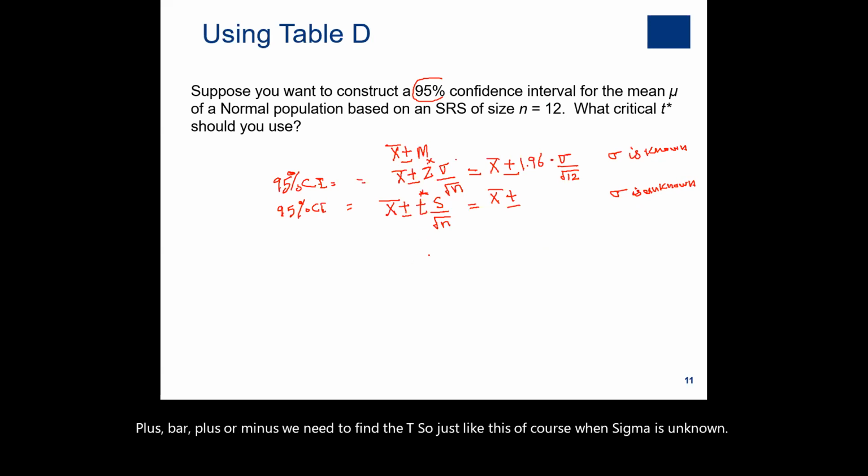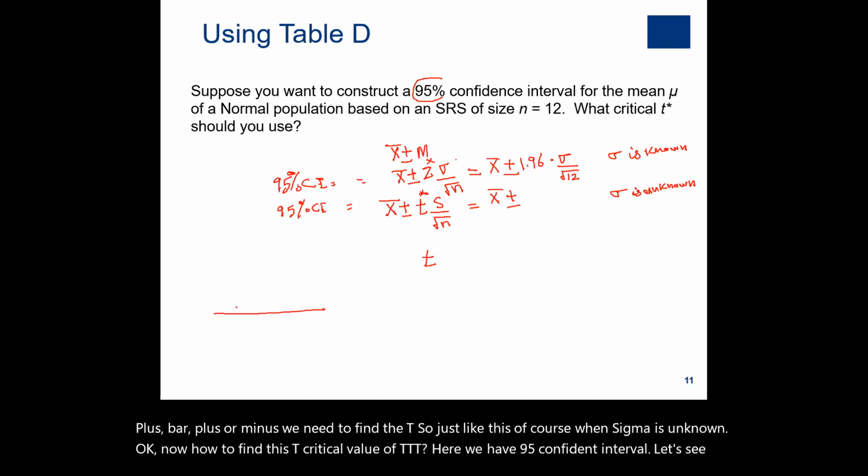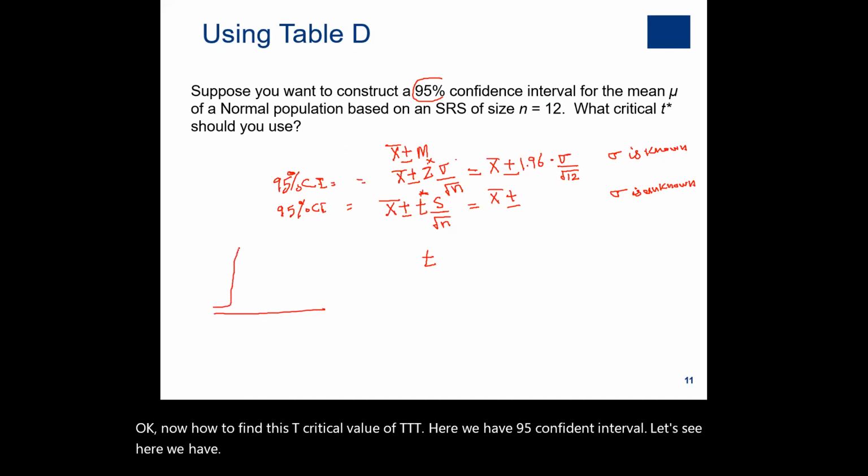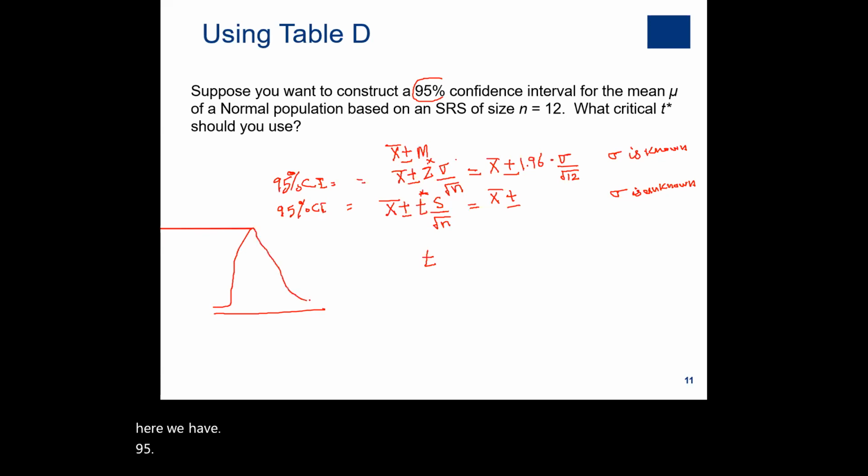Okay, now how do we find this critical value of t? Here we have a 95% confidence interval. This is 0.95, and the two tails are 0.025 each.